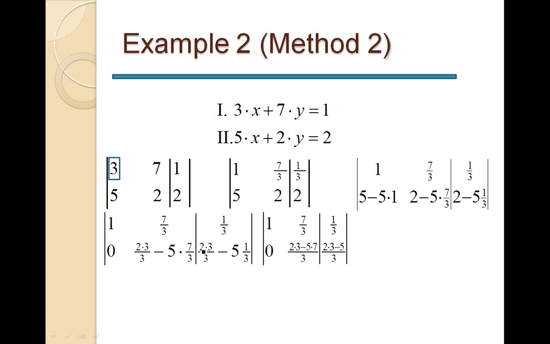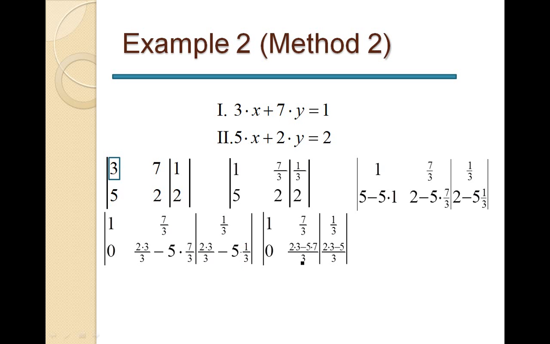So we have 2 times 3 over 3 minus 5 times 1 over 3. I forgot to put a multiplication dot here, so I'm putting it in now, so you can read it. This is a dot, and not 5 and 1/3.